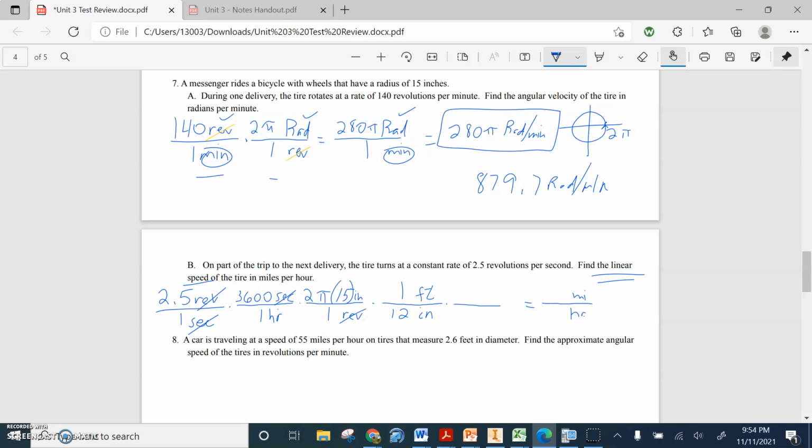And I also know that there are 5,280 feet in a mile. So if I cancel those units, and I've canceled those units, I am left with miles on top, hours on bottom, and a lot of math to do.